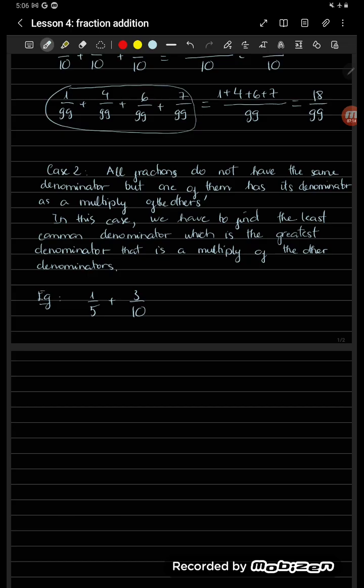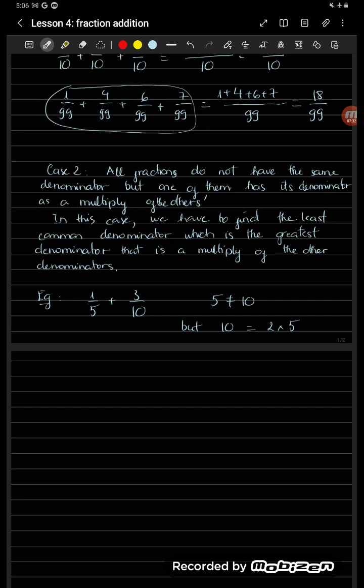So 5 and 10 are different. But 10 is a multiple of 5. Why? Because 10 equals 2 times 5. So 10 is a multiple of 5.